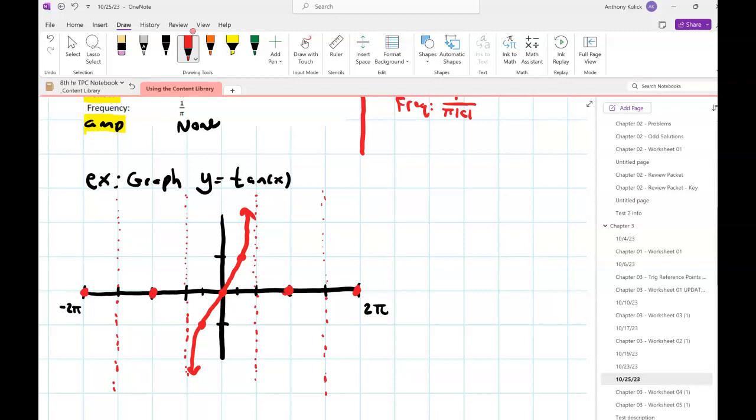To the left of that point on the midline should be something halfway in between but down at negative 1. To the right of our midline point should be something halfway in between the midline point and the next asymptote, but up at positive 1.